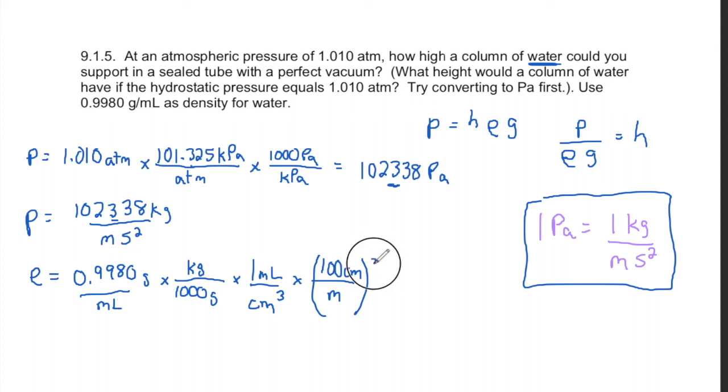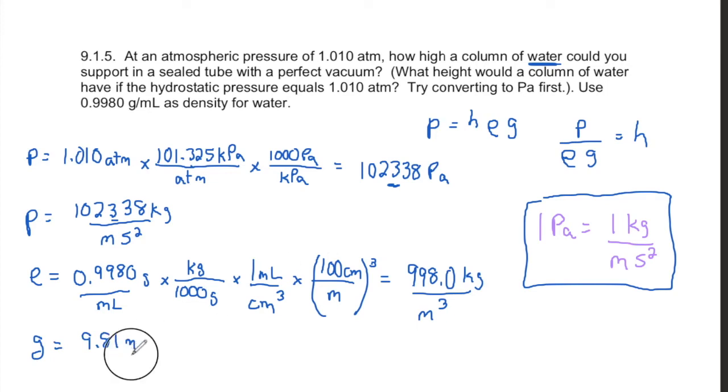There are 100 centimeters in a meter, and we need to have that cubed. And that comes out to be 998.0 kilograms per meter cubed. The force of gravity, we are already told in the proper units, it's 9.81 meters per second squared.